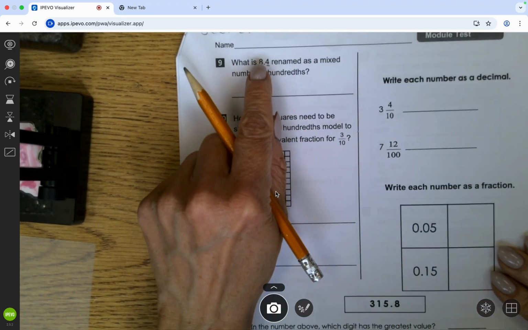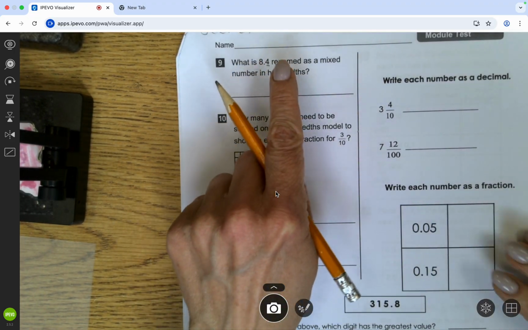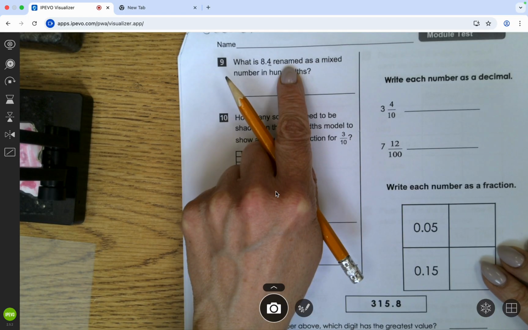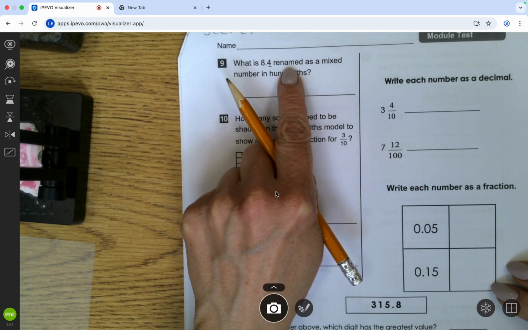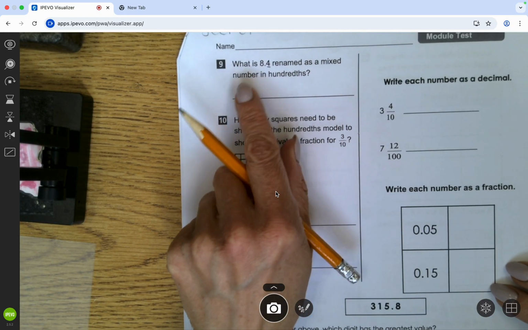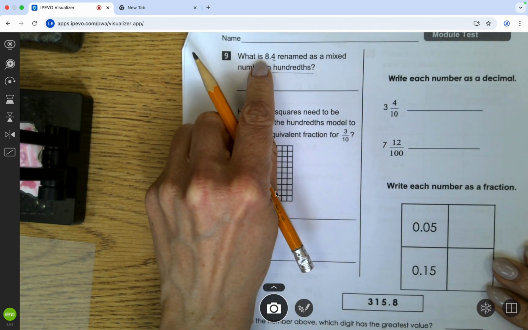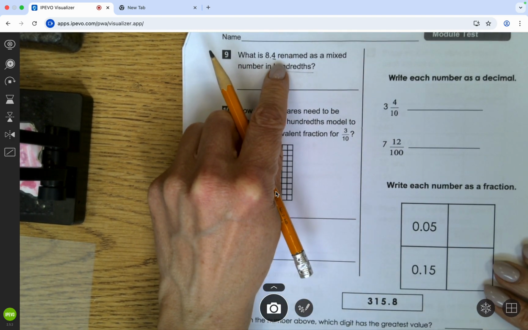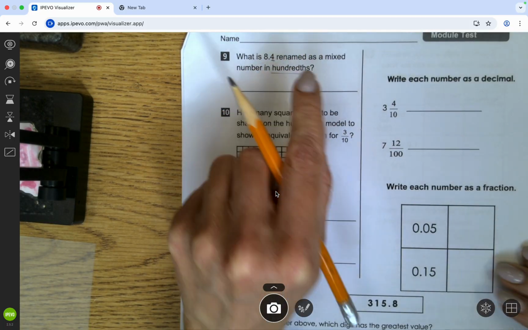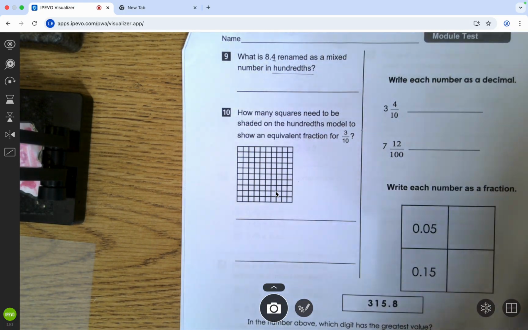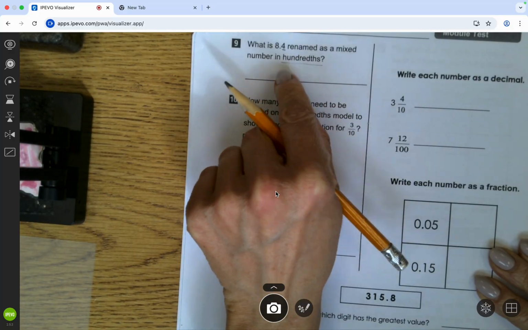So here I have 8 4/10, and I need to rename that or find something equivalent in the form of a mixed number in hundredths. So what is 8 4/10 renamed as a mixed number in hundredths? A mixed number is a whole number with a fraction.